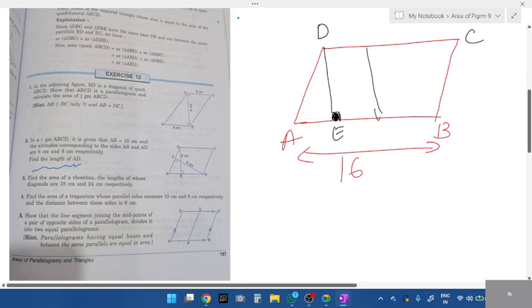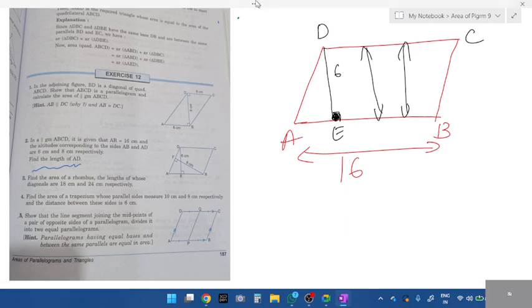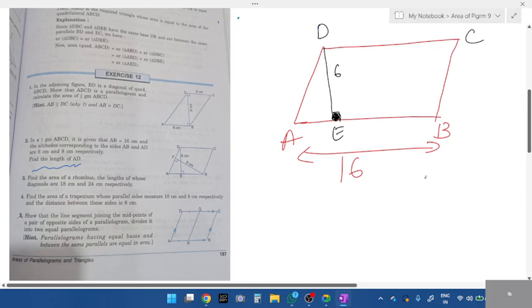It's the height, right? DE. What's the value? 6. So what can I take it as, H1 or H2? If I take AB as B1, then I have to take DE as H1.